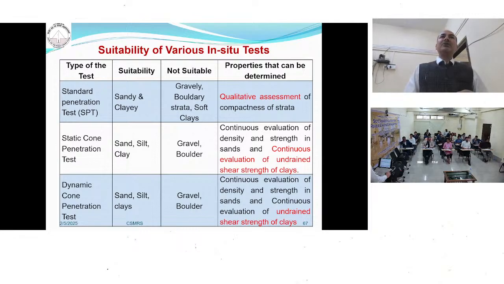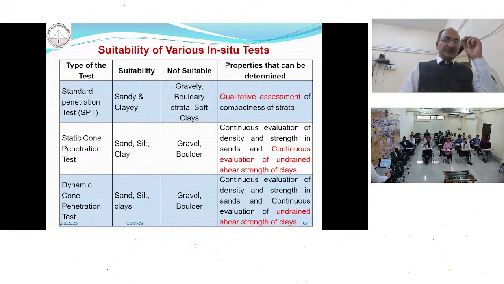Why? Because when you conduct the SPT test, if some boulder or rock is encountered by your sampler, it will not drive further, and it will give rebound. And this gives a qualitative assessment of the compactness of the strata.